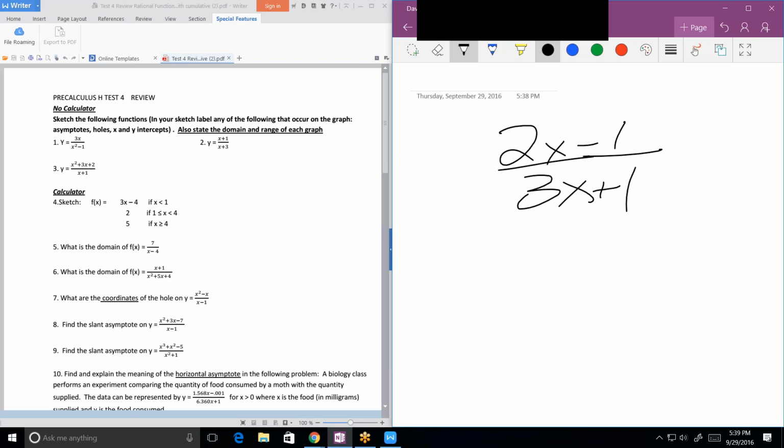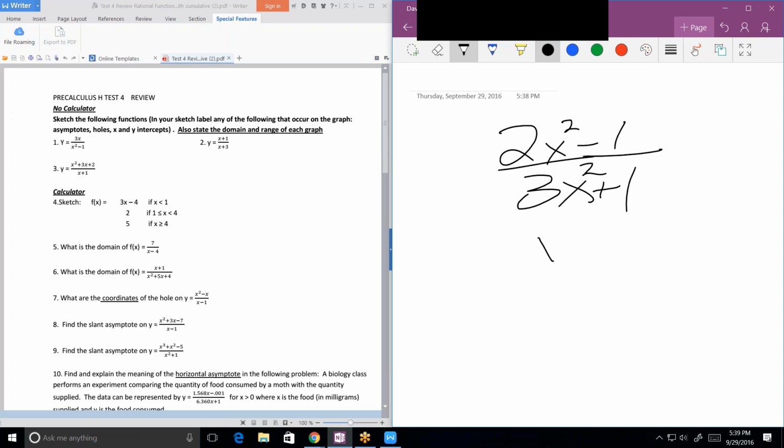In this situation, the maximum power of the x is 1 in both top and bottom. Even if I make that x squared and that x squared, I still have a horizontal asymptote at 2/3. Okay, you with me? That's one situation, where they're equal.